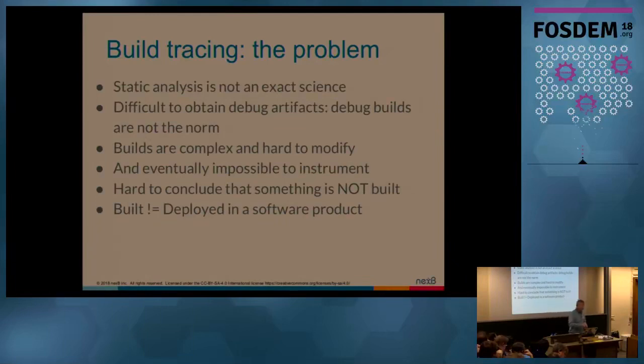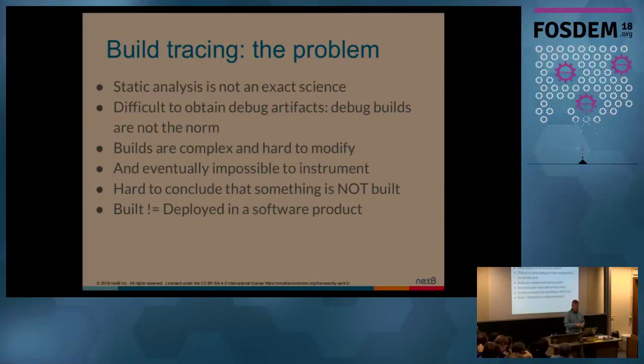So just saying, oh, would you mind making sure that you run gcc -g on everything, it's usually not trivial. You turn it on in one place, but it happens that there's this other executable that's built in another way, and it won't be built in debug mode. So in practice, I found it extremely difficult to obtain proper debug artifacts where you could do only static analysis to trace things back.